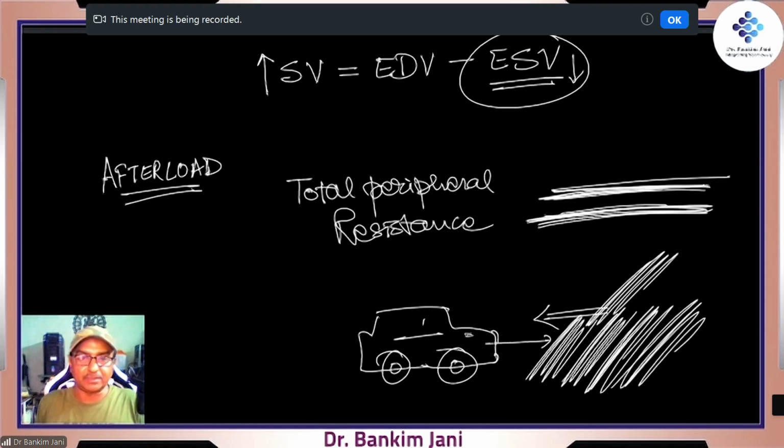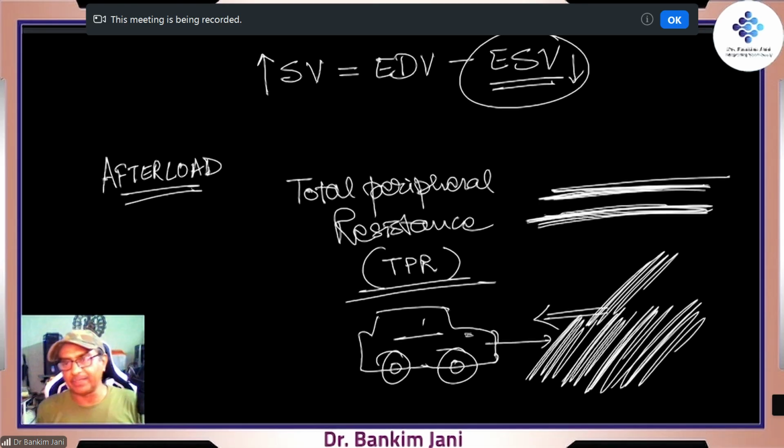So that means there is resistance. That resistance will be backfired, so there would be backward resistance. Collectively, all the tissues of the body, whatever the amount of resistance they are creating, that is what is called the TPR, or the total peripheral resistance.